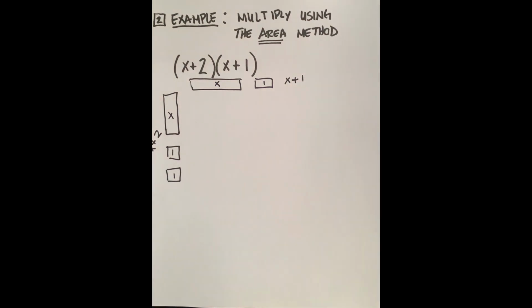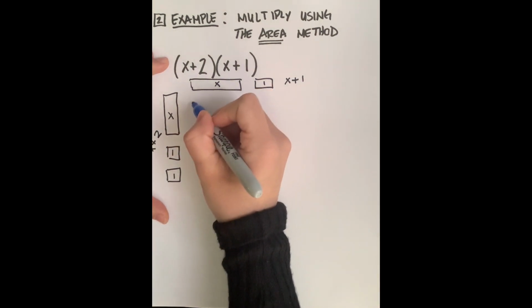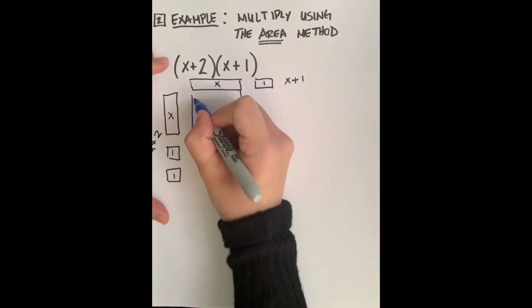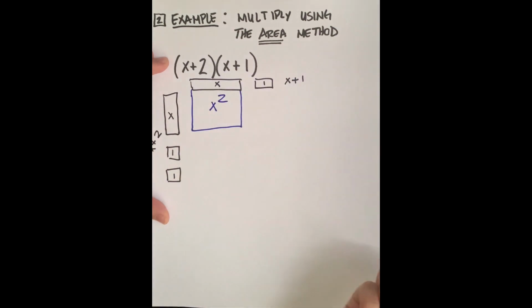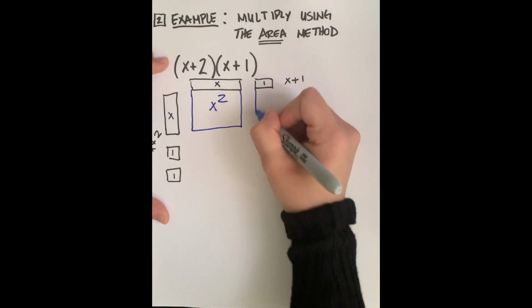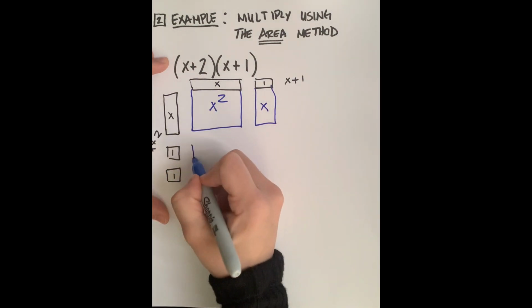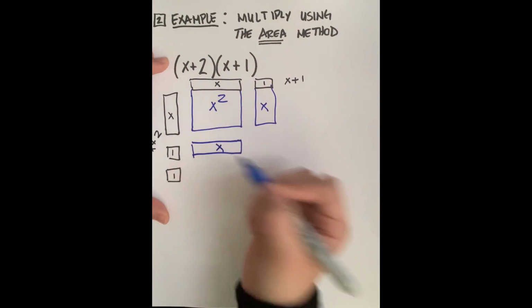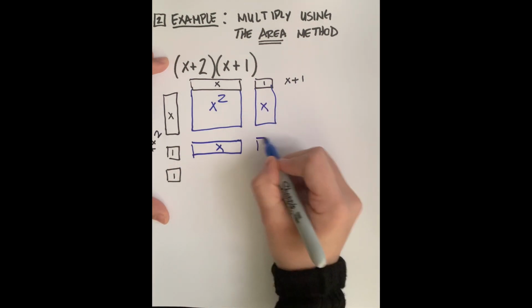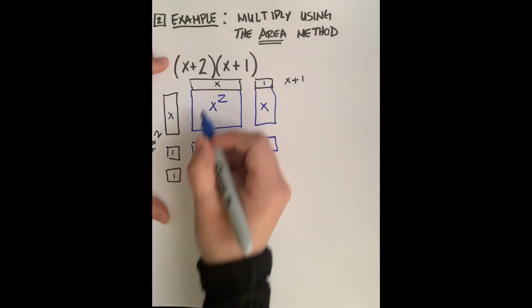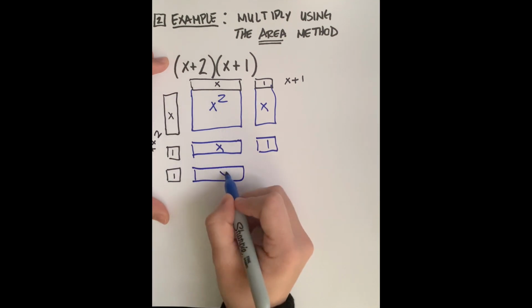Now we can draw the x times x, which would give us x squared. X times 1 would give us x. 1 times x would give us another x. 1 times 1 would give us 1. 1 times x would give us x.